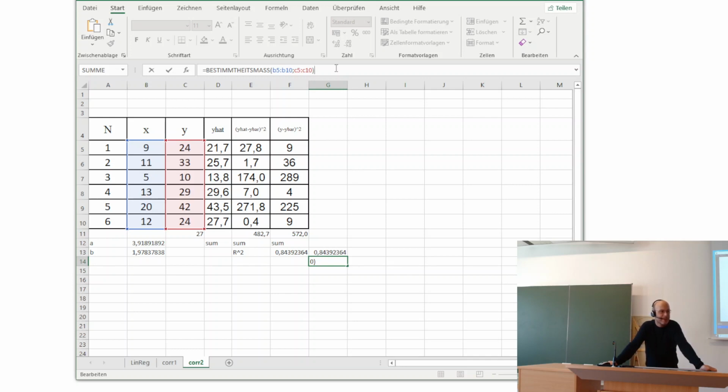If you are looking into your slides. You have an idea if I now press enter? So the question is, do I get the same result or do I get another result?